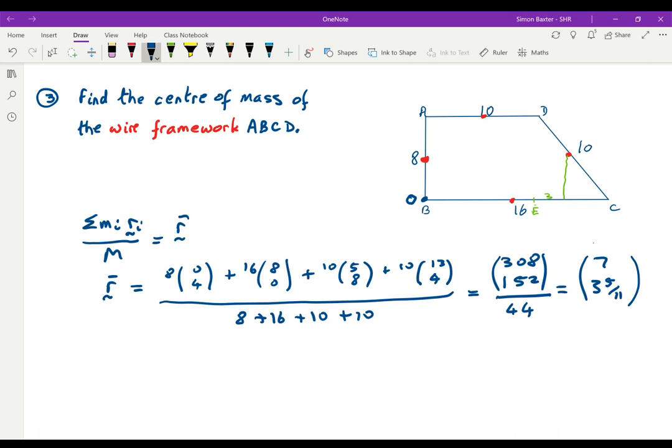So there is the position of our center of mass for the wire framework. 7 along, it's not areas we're looking at this time, and 3 5/11 upwards. I'm fairly happy with that. I've got more wire below than I have above, so I'm expecting to be below halfway, and I've got more wire out. Yes, I think that all seems fairly sensible.